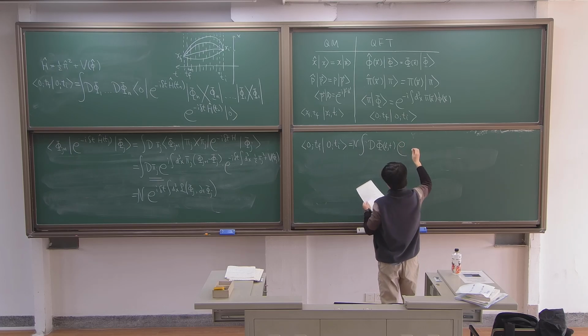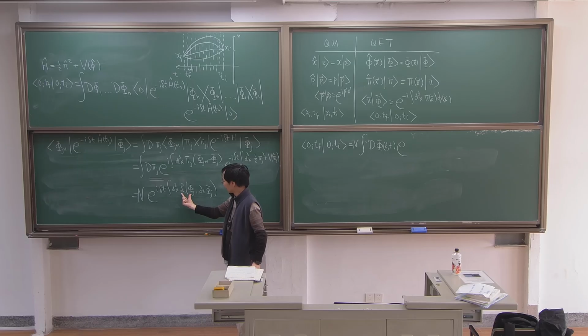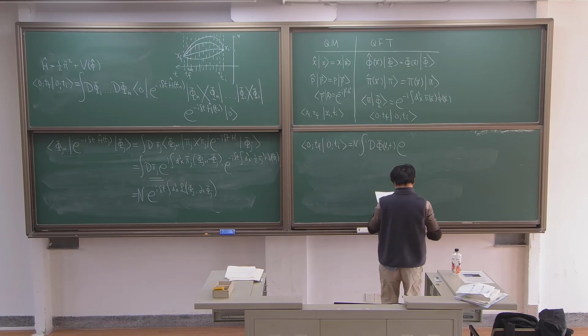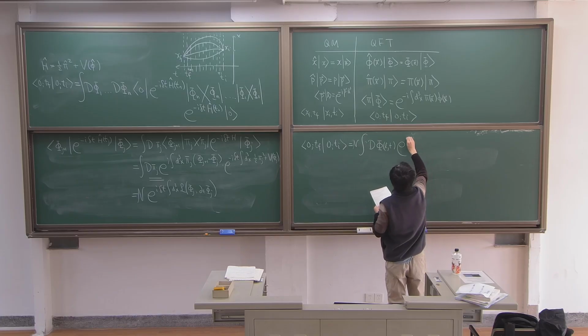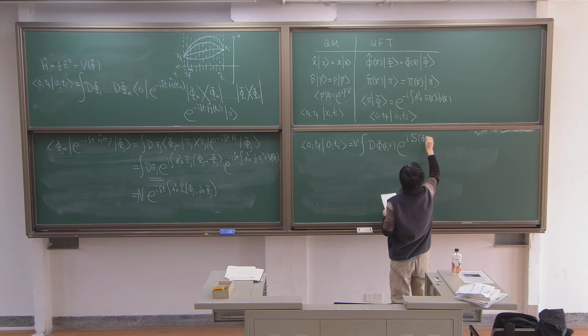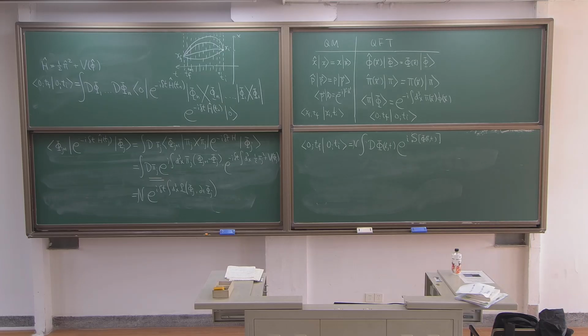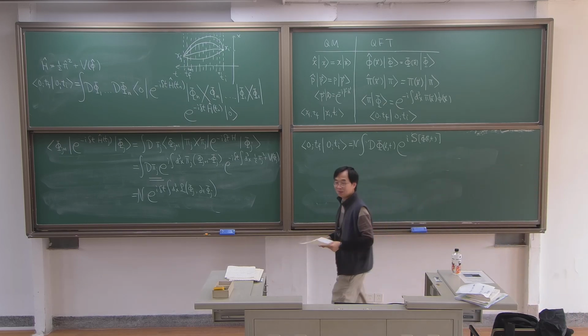And with the weight factor, if you put all the pieces together, one piece for each time interval, you have the Lagrangian. You take the time integral, then you get the action. So you get this one. This is the final answer.